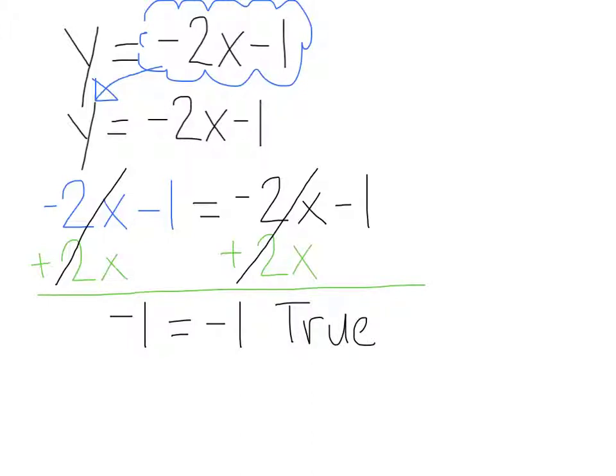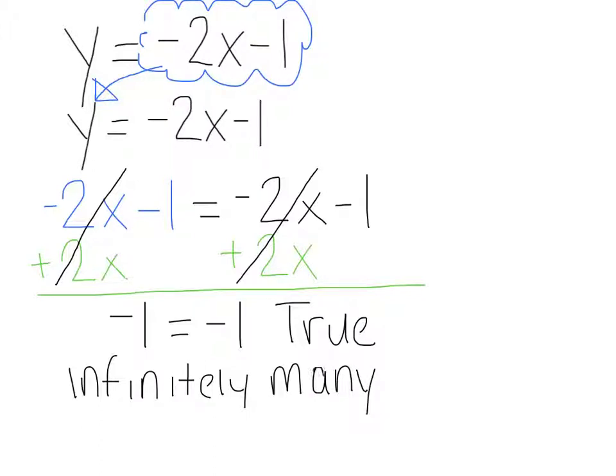And I know from a system where I get a true statement that we end up with infinitely many solutions. Which also tells me that if I were to graph these two lines, they would end up with the same line. So every x and every y is common to both of these two equations right here.